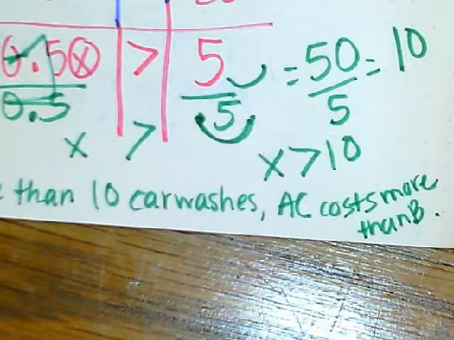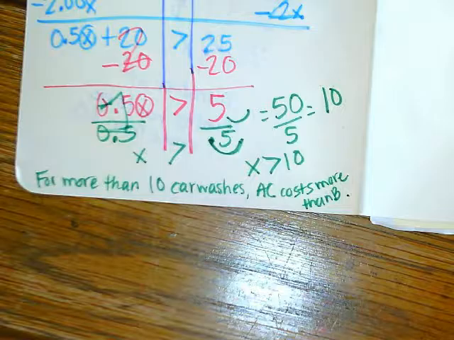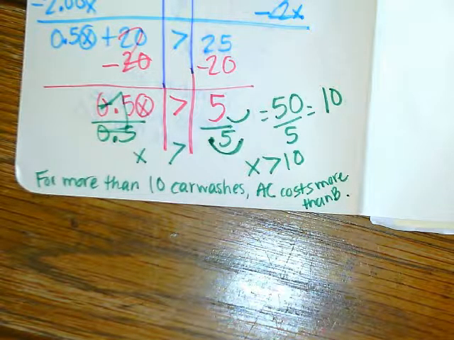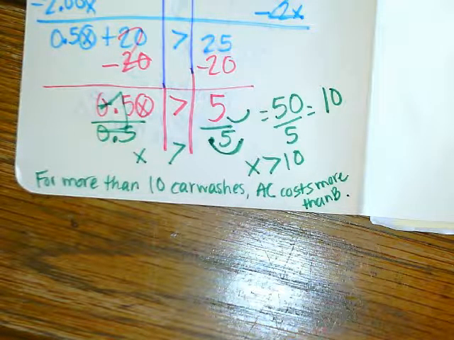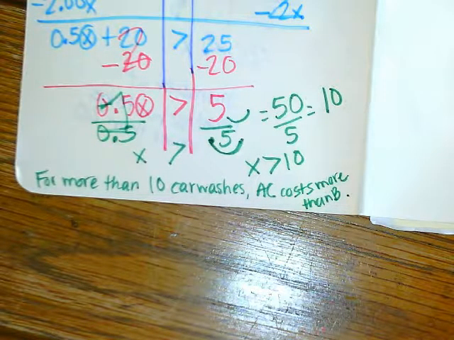Okay, so I kind of abbreviated because I ran out of space. So for more than 10 car washes, Always Clean costs more than Bubbly's, and that's what we were looking for.